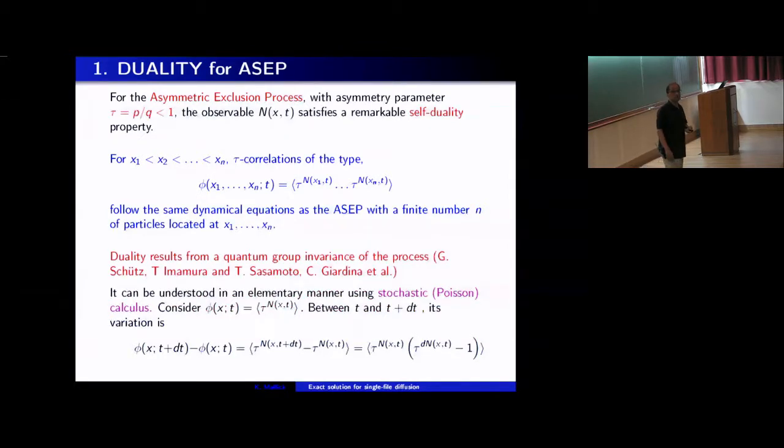Yes, it is fixed. No, because my variables are n. If I want to compute a correlation function, I would calculate the average of n_x1, the average of n_x1 n_x2, the average of n_x1 n_x2 n_x3, for example.